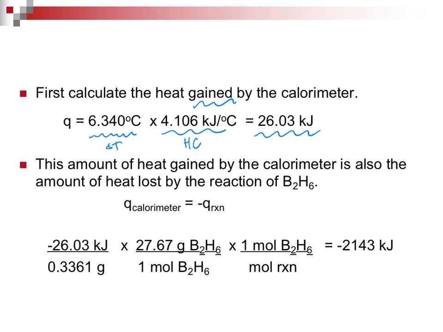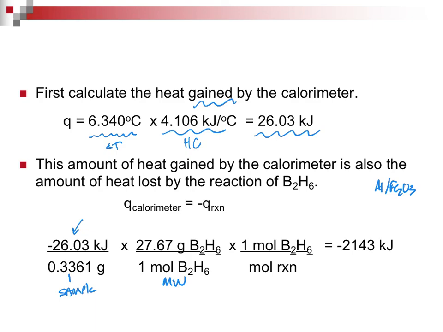Now again, you will recognize the end of this calculation from our aluminum Fe2O3 example. So what we have are a number of kilojoules, and we have heat gained, then it would be the heat from the reaction, so we change the sign. We have the sample size, the mass. We have the molecular weight.